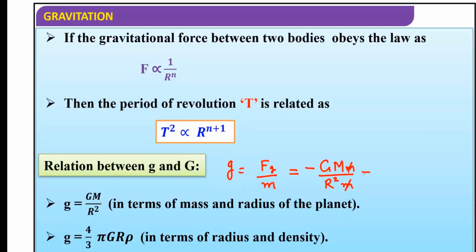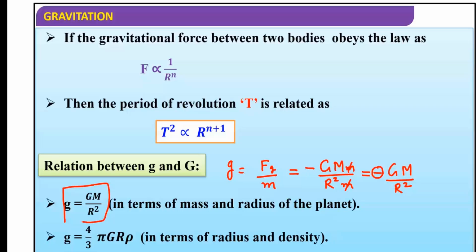Mm cancel. So gravitational acceleration is given by minus GM upon r square. Remember that this minus sign only shows that force is attractive in nature. While you are solving the numericals, if you do not use this sign, it's okay. Okay. So formula can be written as GM upon r square.